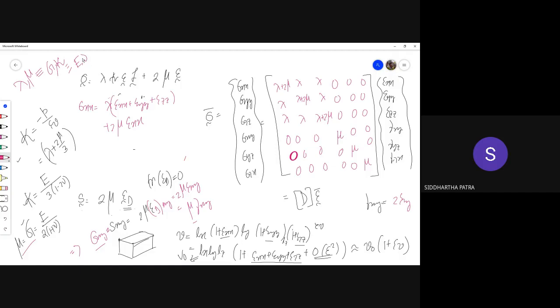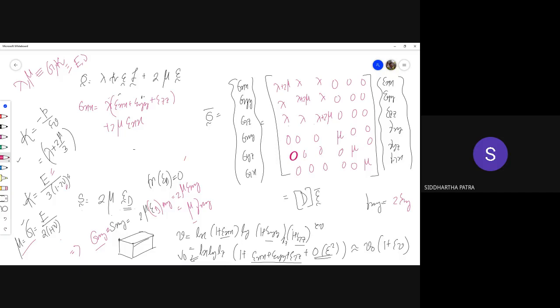What I need you to do is substitute the expressions for lambda and mu in terms of Young's modulus and Poisson's ratio. This is your assignment for the day, and with that, I believe we are mostly at the end of what we wanted to discuss about the elasticity of the material.